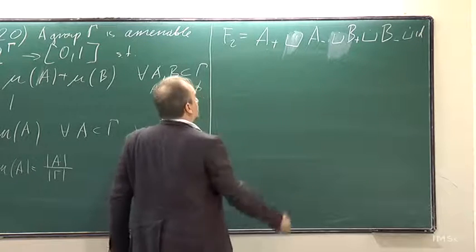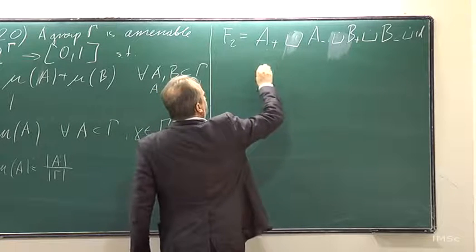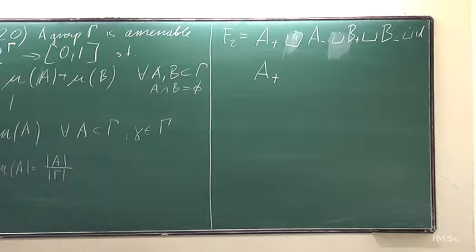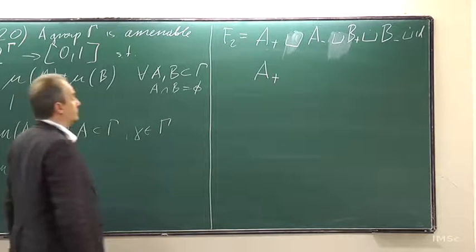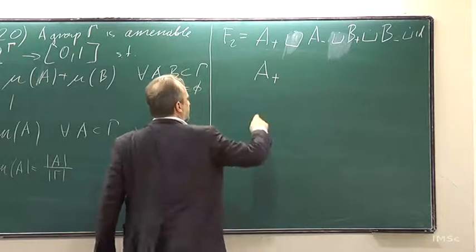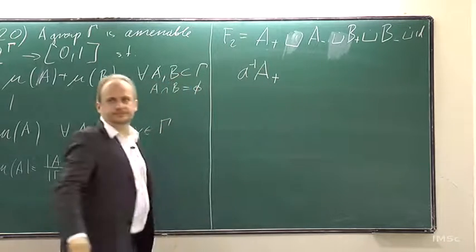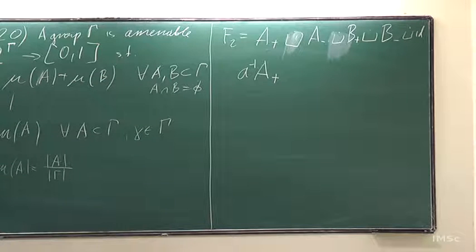Okay. Now let us analyze what happens with the subset A plus if we multiply on the left all words in this subset by A inverse. Okay, so if we take a word which starts with A and we multiply it by A inverse, we cancel this A.